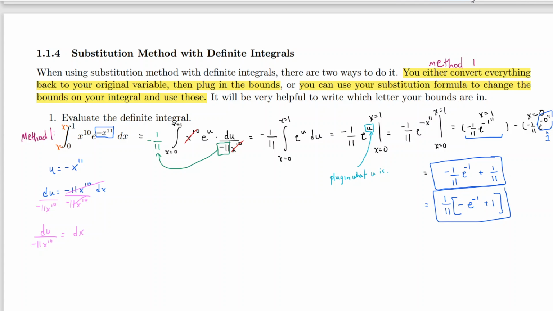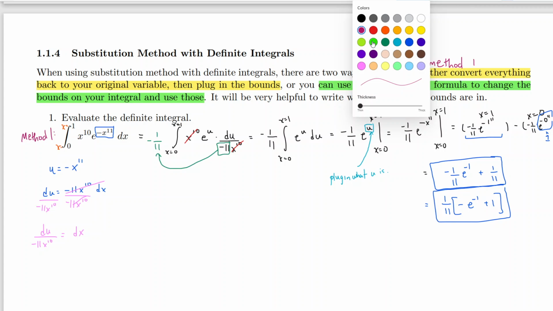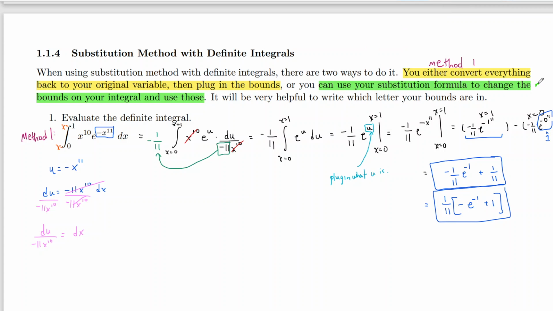Let me actually highlight that with a different color to make it more clear. Green. All right, so then we can use a substitution formula to change the bounds on your integral and then use those bounds. And this will be method 2. I'm just color coding it here.